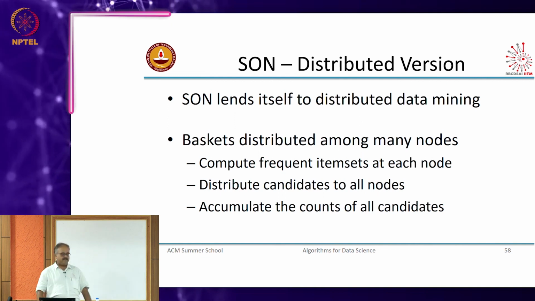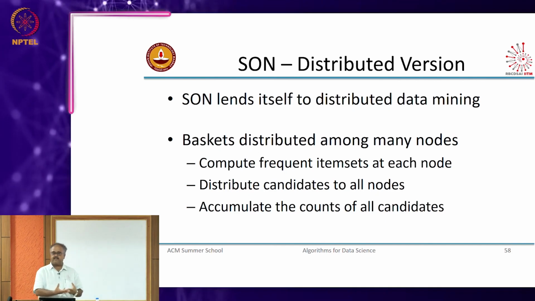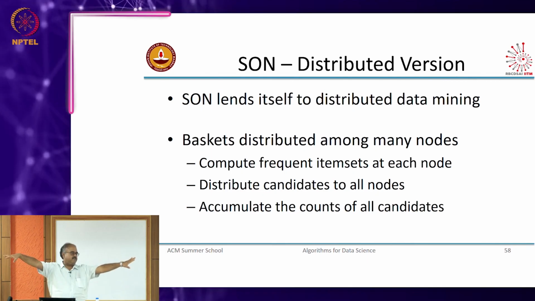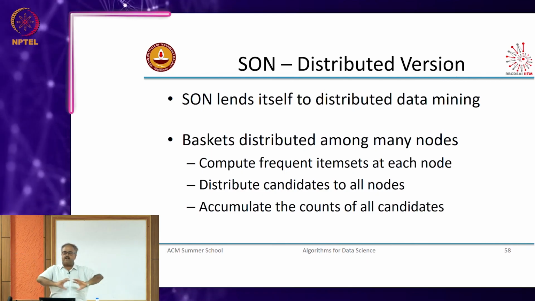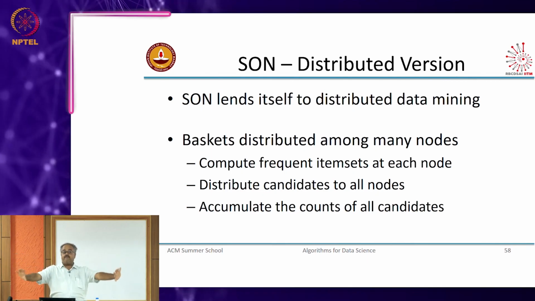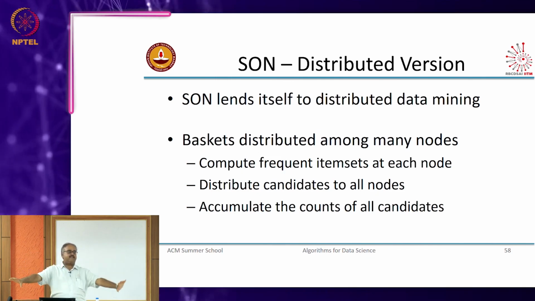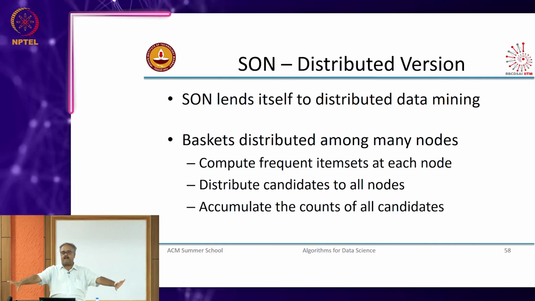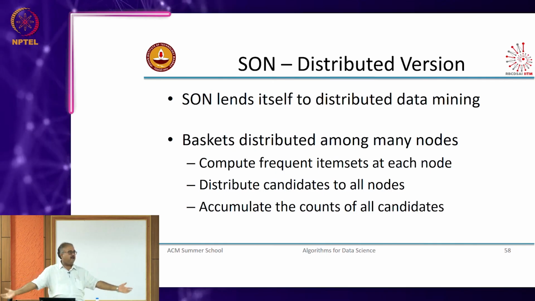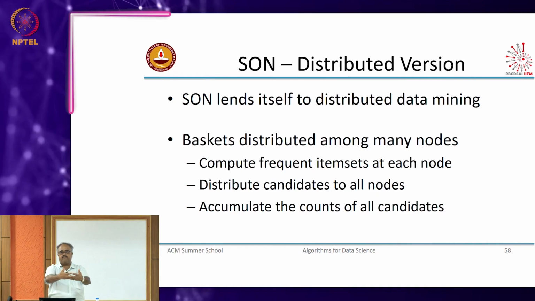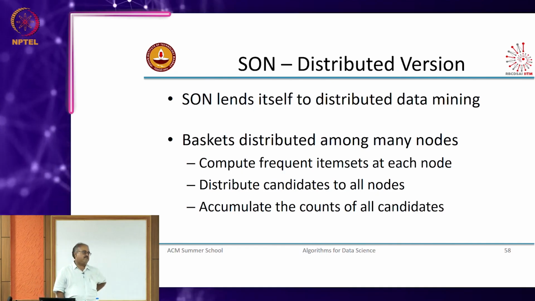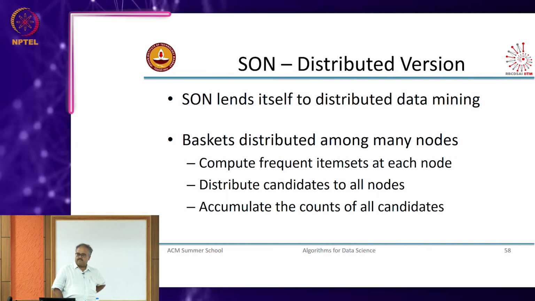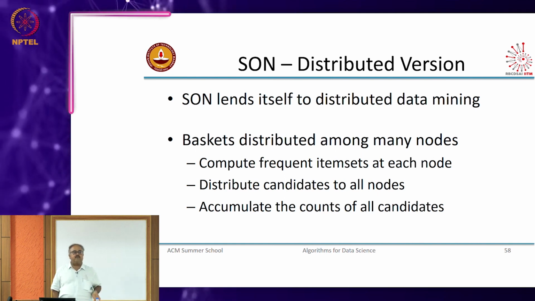As you are reading the data, you send out each chunk to a different machine, and every machine runs the same algorithm. Every machine runs A Priori in parallel. And then you take a union of all the frequent item sets each one of these machines discovered, and then you rerun.